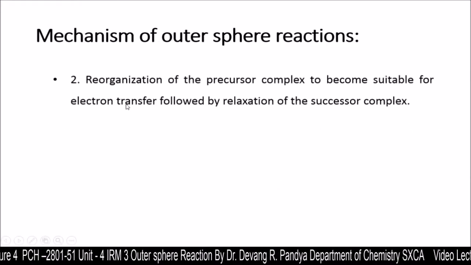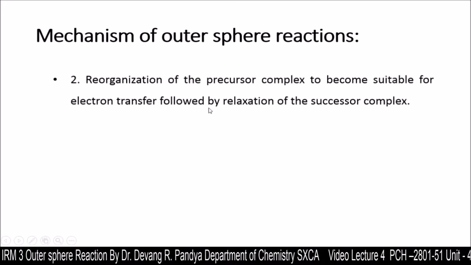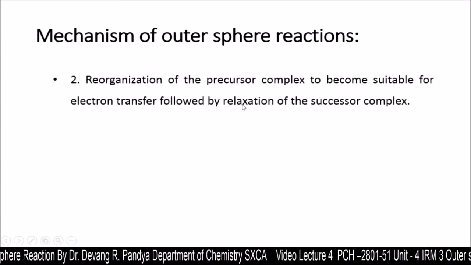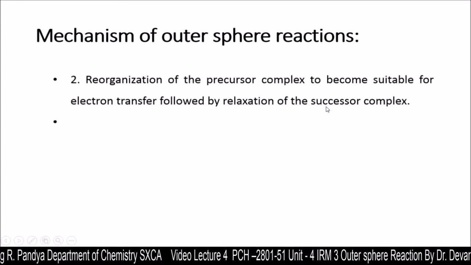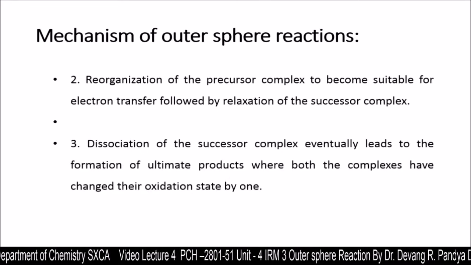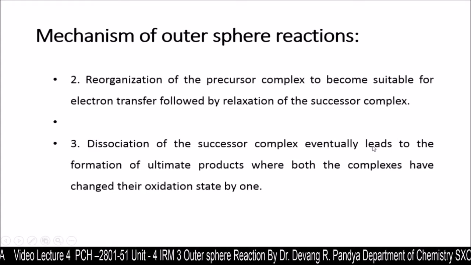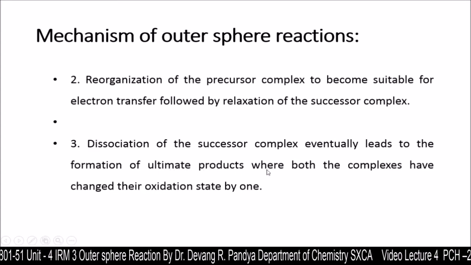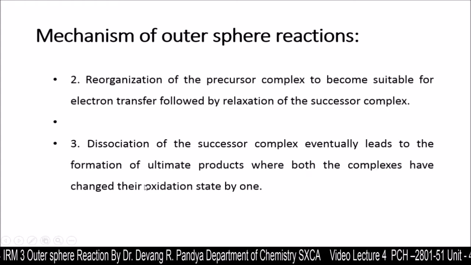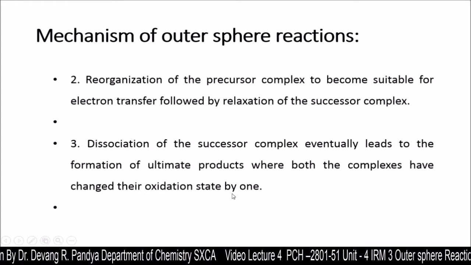And the second point, rearrangement of the precursor complex to become suitable for electron transfer, followed by relaxation of the successor complex. So here is the relaxation of the successor complex. The dissociation of the successor complex eventually leads to the formation of the ultimate products, where both the complexes have changed their oxidation state by 1.